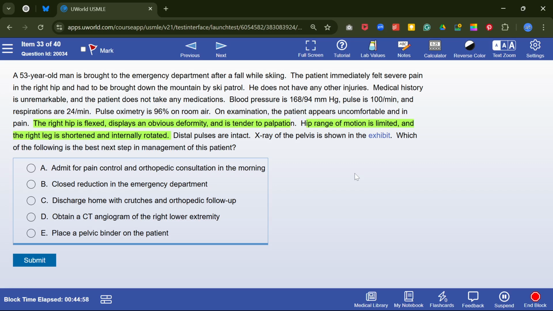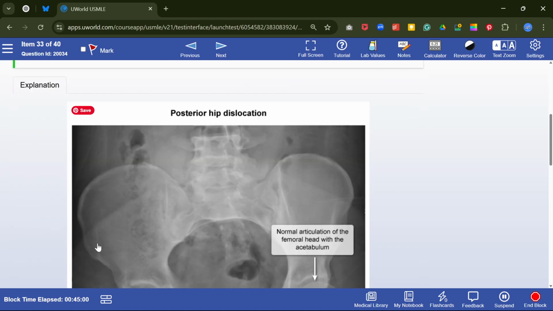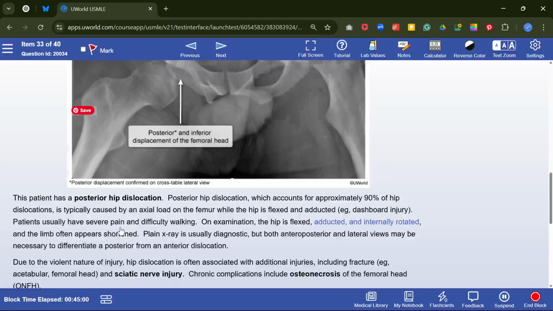No neurologic problem. Okay. It is PHD, posterior hip dislocation.